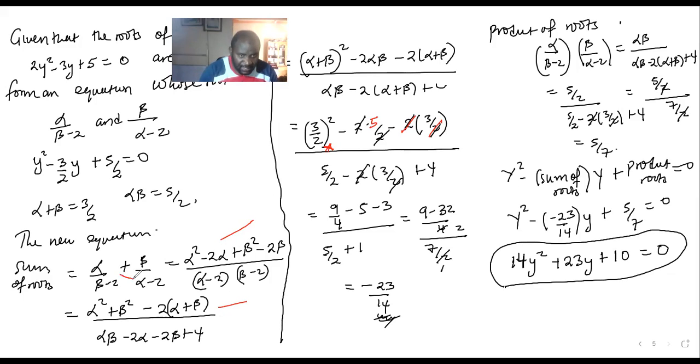When you cross multiply this, you will get alpha into alpha minus 2, so alpha squared minus 2 alpha. The second part is beta into beta minus 2, so you get beta squared minus 2 beta. When you sum them up, you get alpha squared minus 2 alpha minus 2 beta plus beta squared. That's how I ended up there.